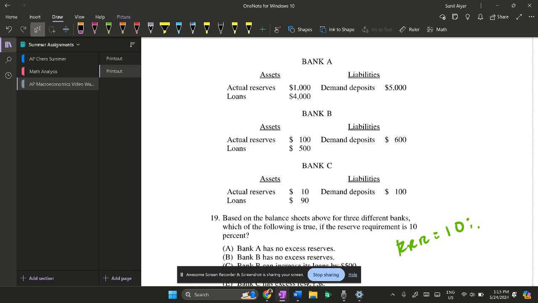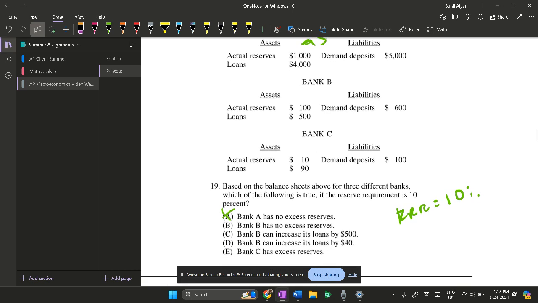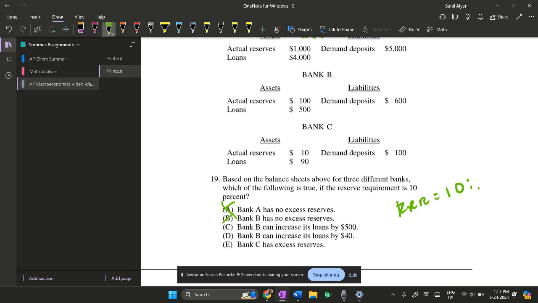So 0.10 of 5K is 500. So they're holding an extra 500 because they only need to hold 500 and they're holding 1,000 for some reason. So they do have excess reserves. Bank B has no excess reserves. Okay, well 0.10 times 600 is obviously 60. They're holding 100. So they only need to hold 60, so they also have excess reserves.